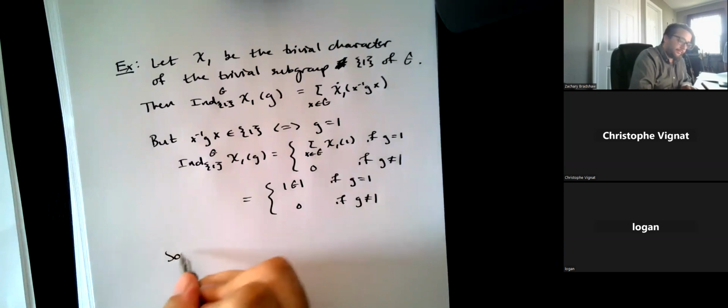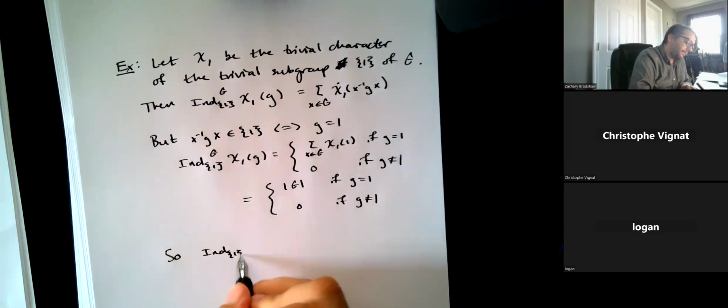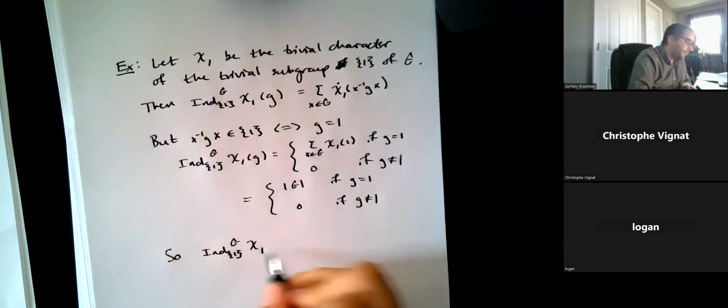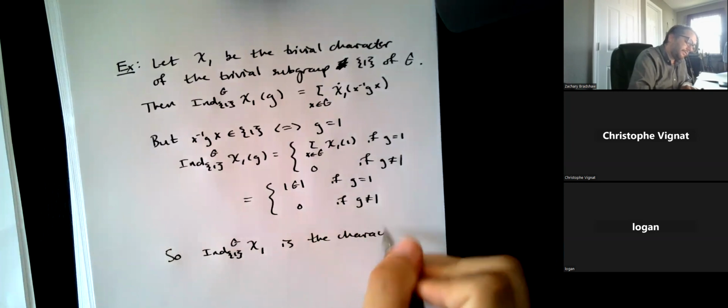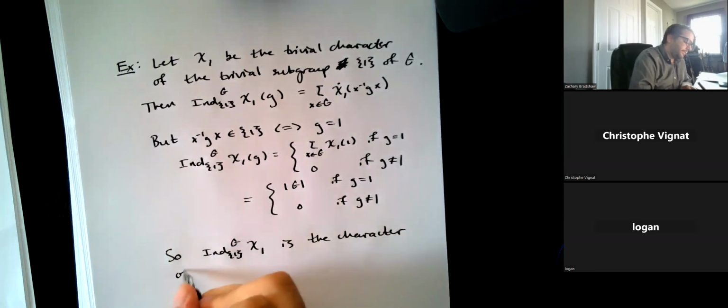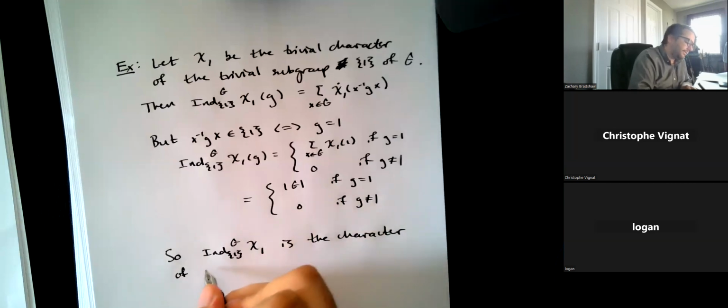So the induced map from 1 to G of chi1 is the character. You might recognize this particular character. This is the character of the regular representation.